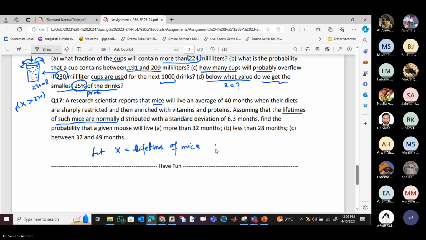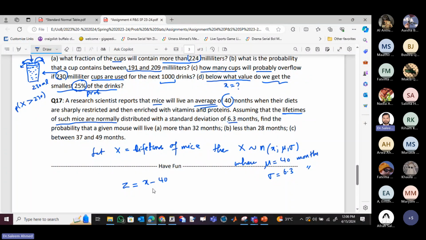Then X is normally distributed with mean mu of 40 months, an average of 40 months, and sigma of 6.3 months, right?